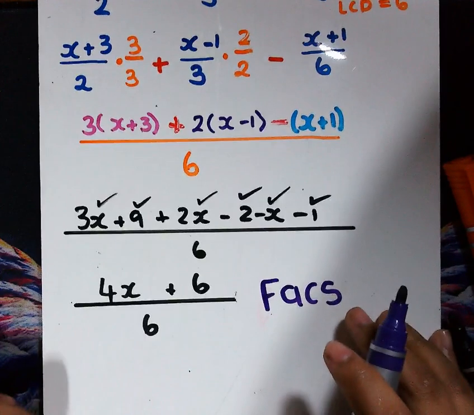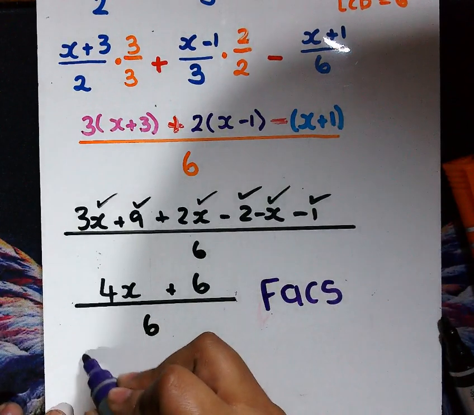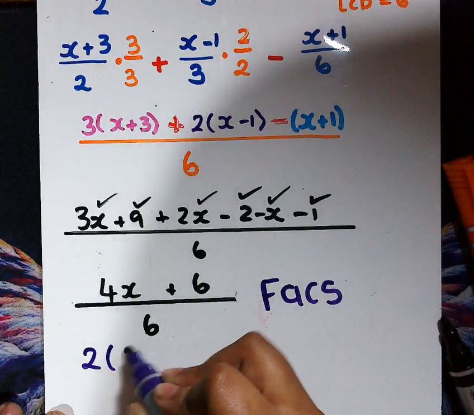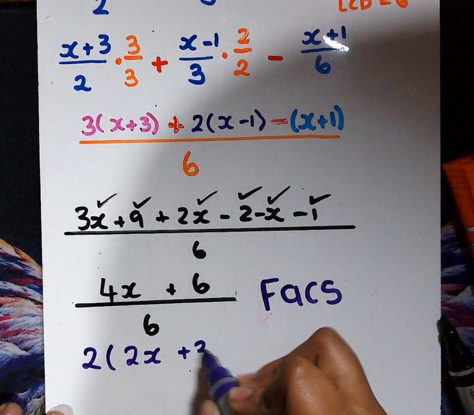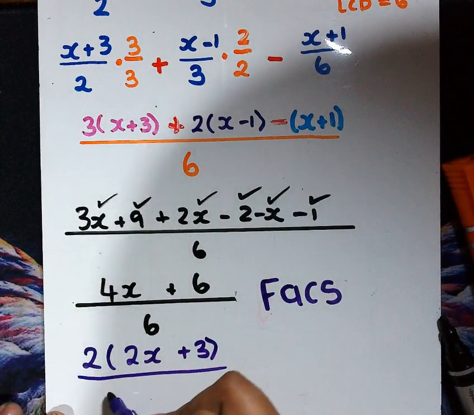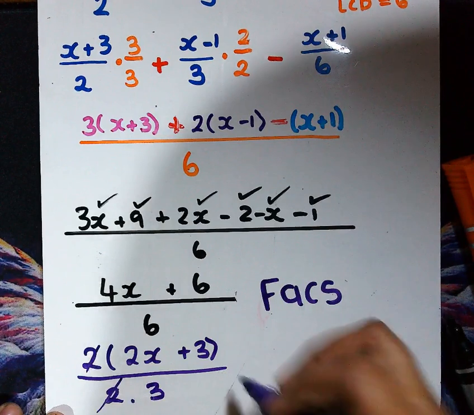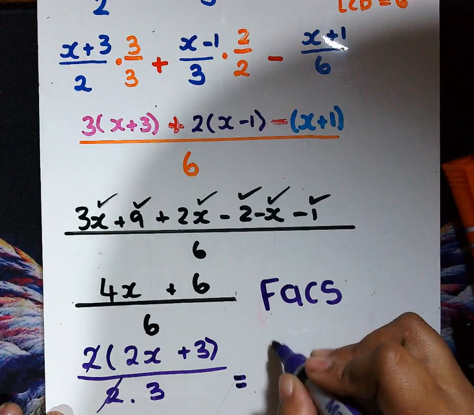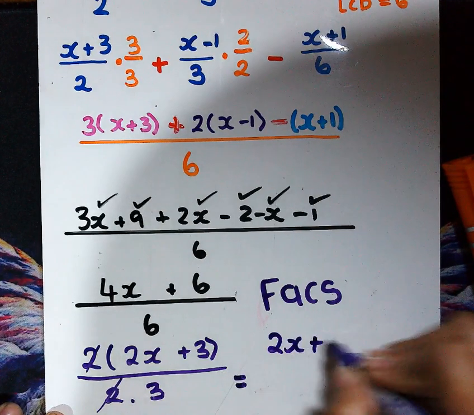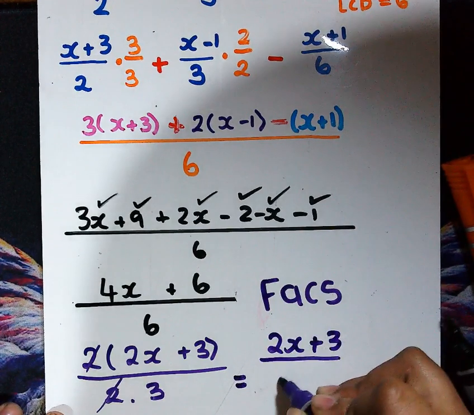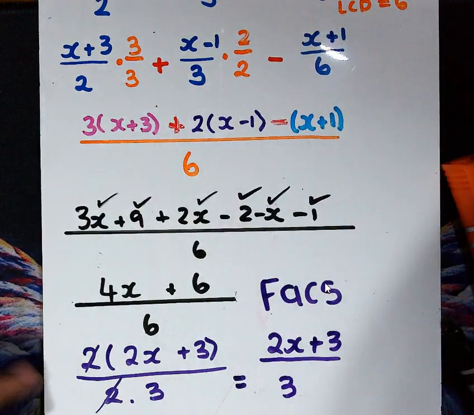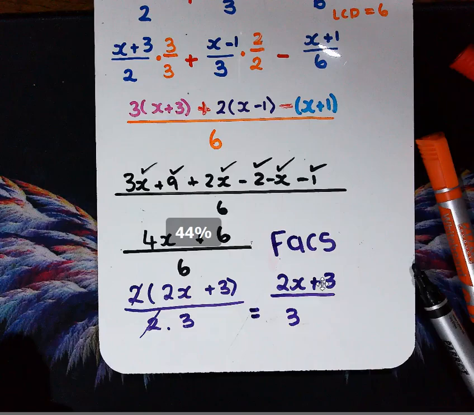So we go ahead and we simplify this even further, where we say 2 and then we are left with 2x plus 3 all over 2 multiplied by 3. Okay, and now we can get rid of some of these terms, and so the final answer is 2x plus 3 all over 3. And that there is the final solution to this problem.